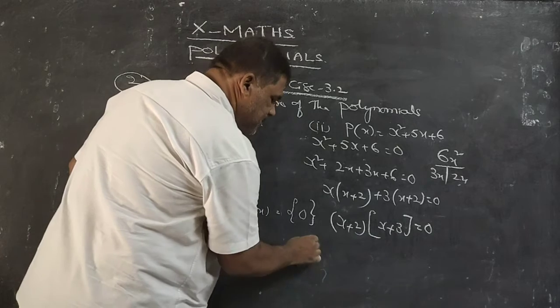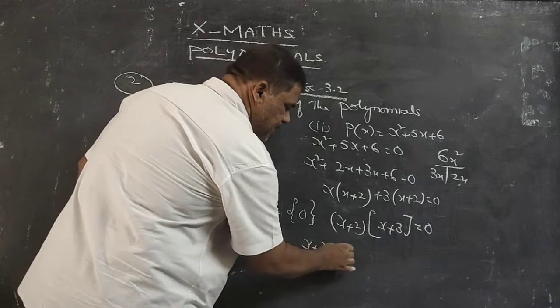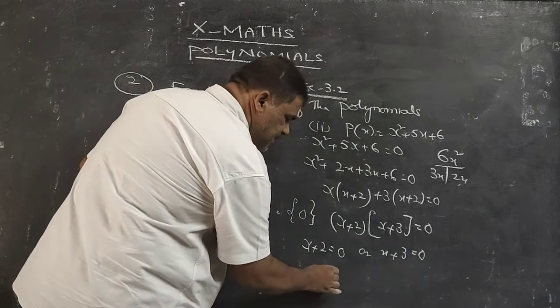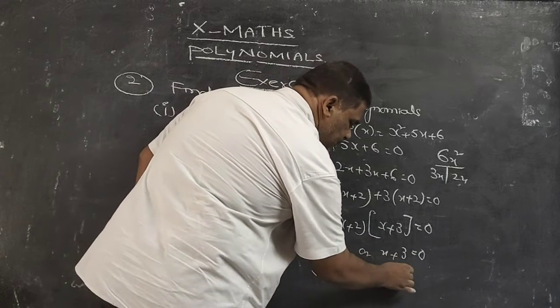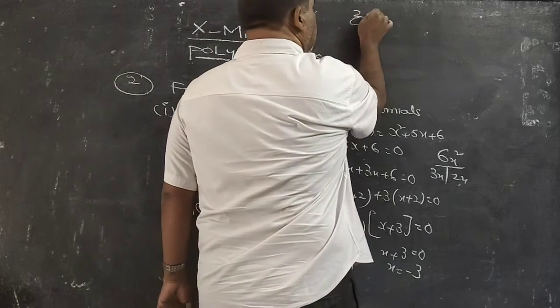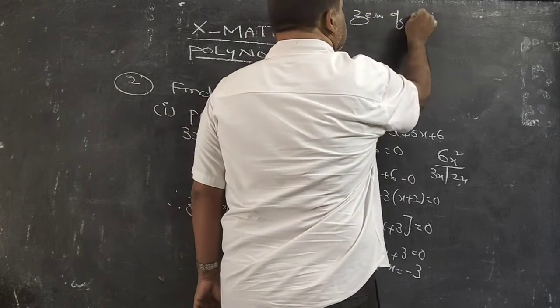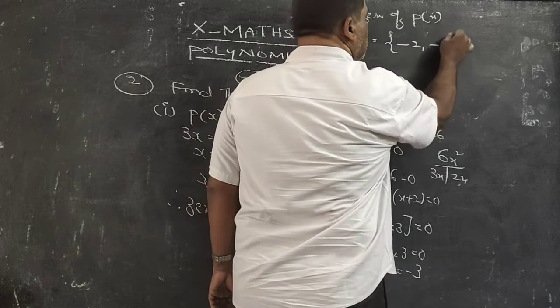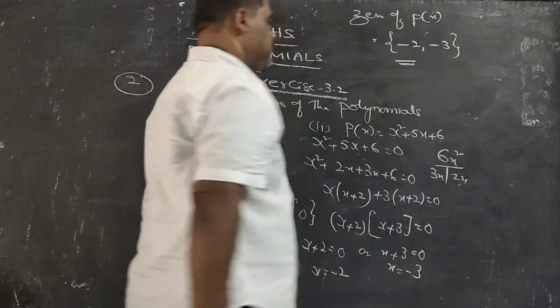Product of two numbers is 0, so either the first one is 0 or the second one is 0. So we will get x value minus 2, and here we will get x value minus 3. These two x values are called zeros of the polynomial. So the zeros of the polynomial are minus 2 and minus 3.